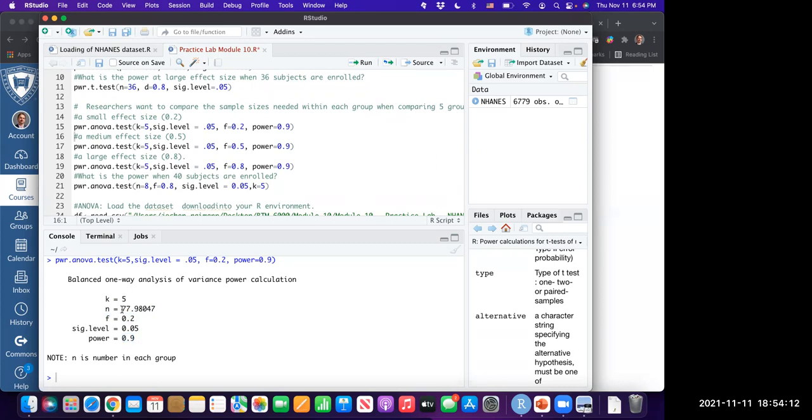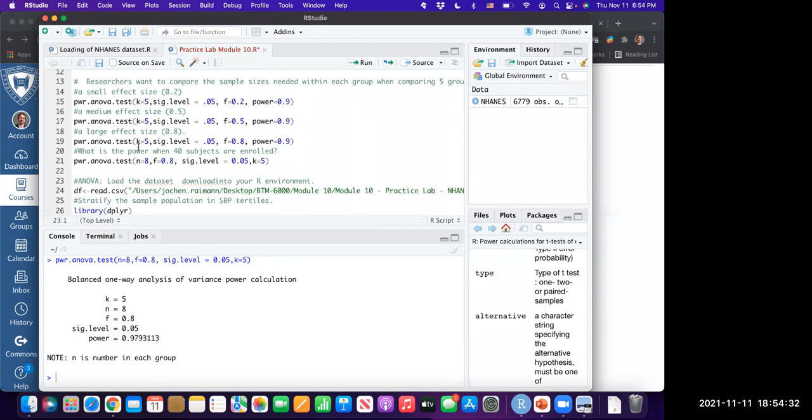You see here what your N needs to be to achieve that power that you desire. So you can change all the dimensions here based on what your assumed effect size will be and what your desired power will be.